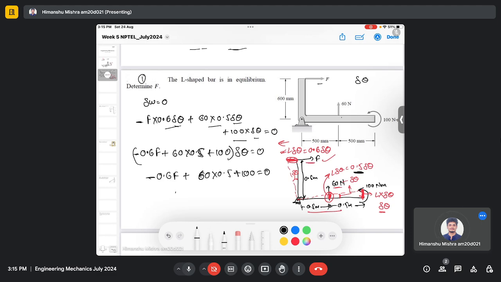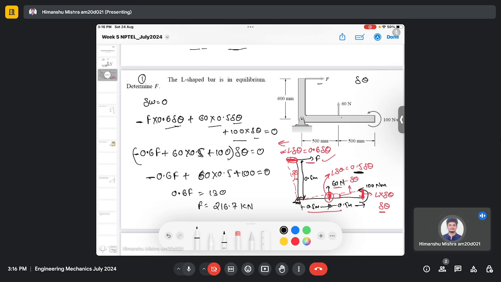So we will have 0.6 F equals 130. So F will be 216.7, kilonewton. This was a very simple example just to understand the basic principle.